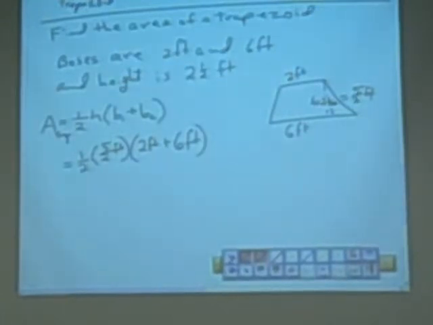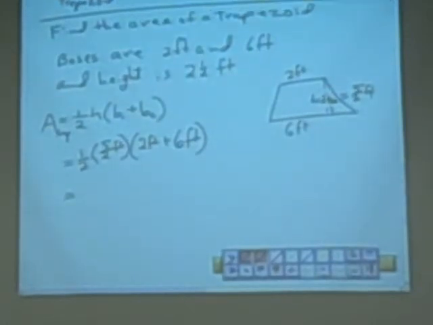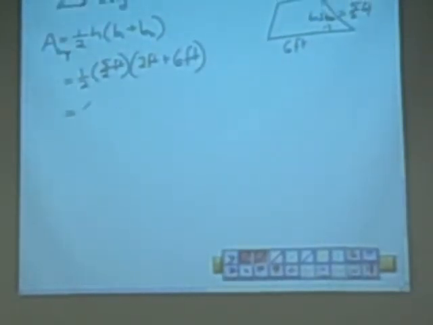Okay, and what do we do first? Add the 2 and the 6. We simplify inside the parentheses, right? So we're going to bring everything else down. 1/2 times 5/2 feet, and then 2 plus 6 is 8 feet, right? Okay. Now here, you see how you have 2 times 2.